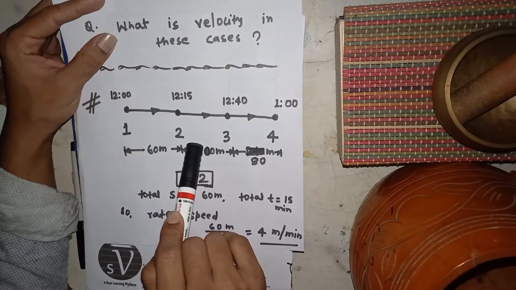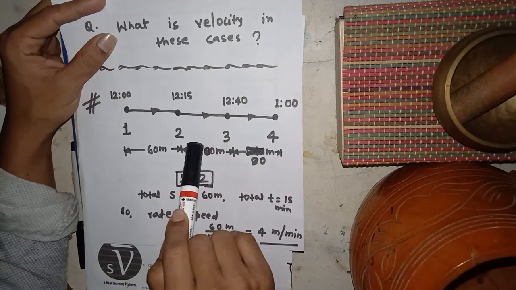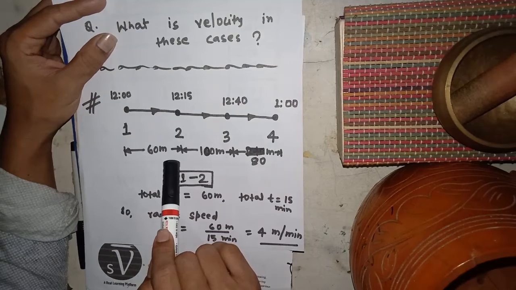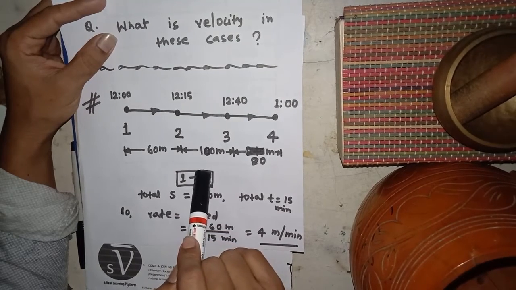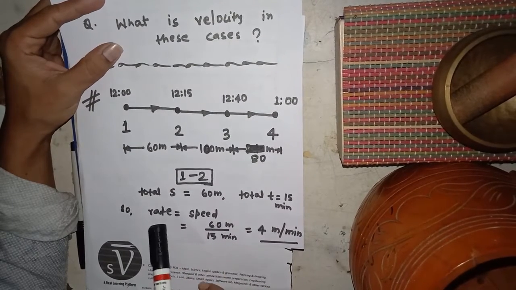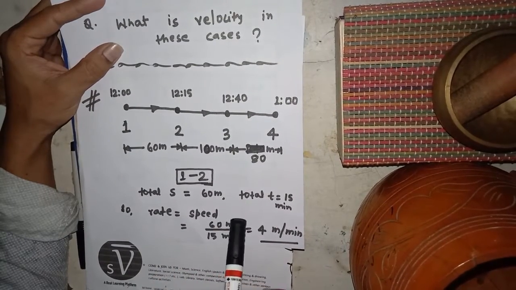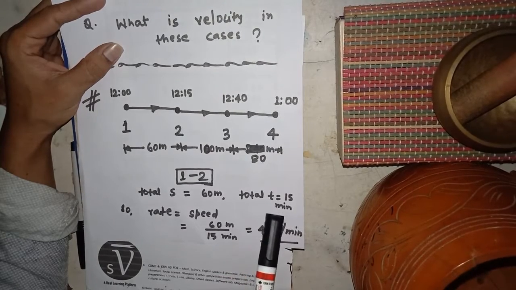And in the whole course of this lecture, we don't need to care about the direction, because we are dealing with a straight line. Have you got my point? That's why the rate must be speed or magnitude of velocity, or you can say in a rough way velocity.